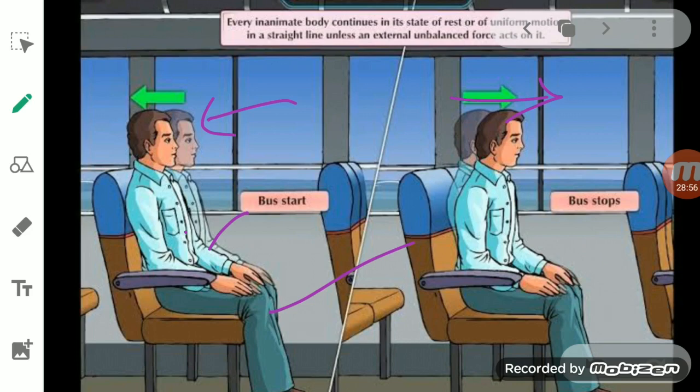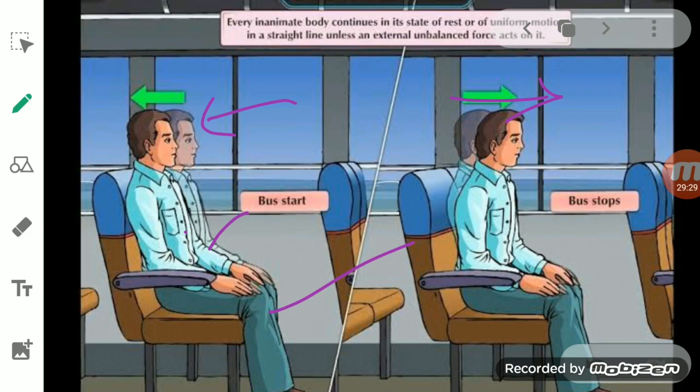When the bus driver applies the brake, the bus comes to a state of rest.